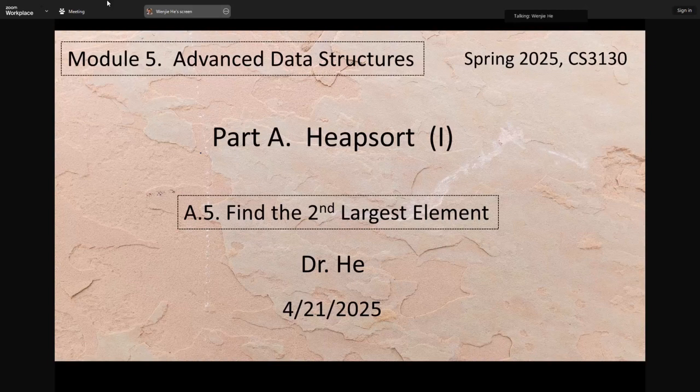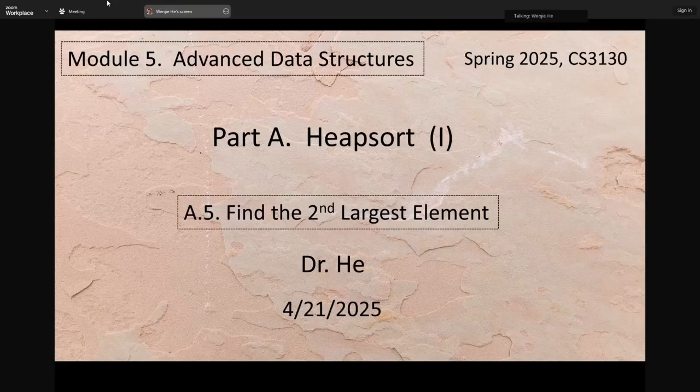Here I want to do one important example: find the second largest element. In our current homework assignment, there is one question where you need to use this result. So I want to derive the formula, so that when you need it, you can use it.